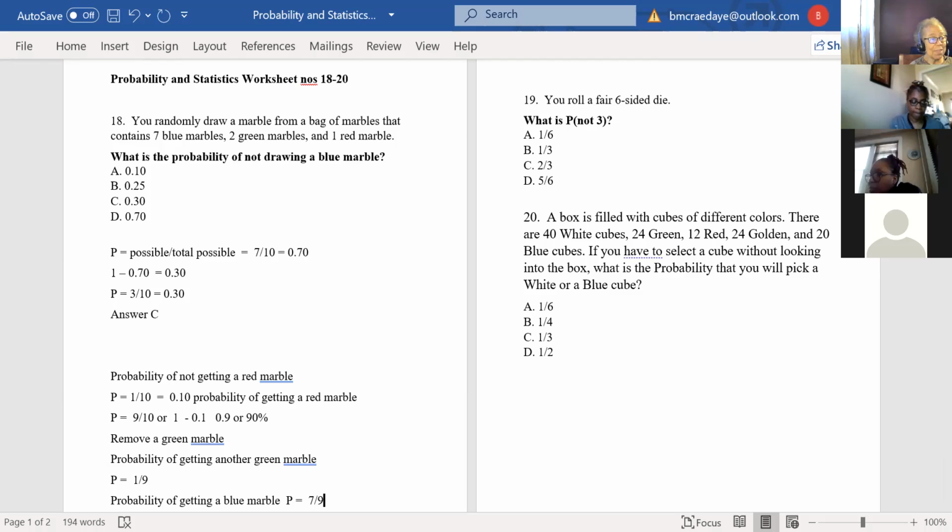That's right. Because I only took 1 out, and that was a green. So that left me with 9 marbles, but I have 7 blue. So my possible is 7 because I didn't take out any blue. So the probability of getting the blue is possible 7 divided by the total 9.